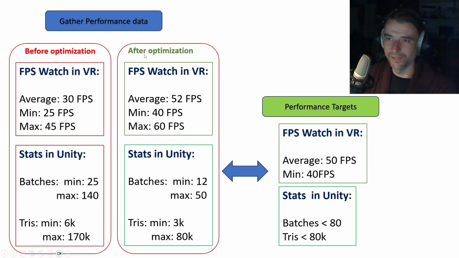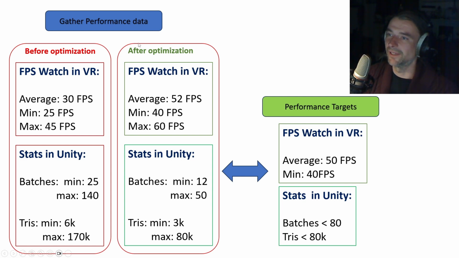Okay, so this is how well we did. So that was before the optimization. We had a very poor performance, very low FPS, and also we had so many batches and so many triangles in the scene on the stats window.